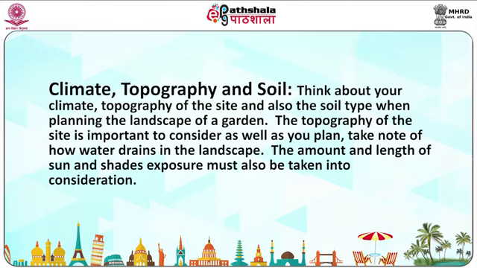The topography of the site is important to consider as well as you plan. Take note of how water drains to the landscape. The amount and length of sun and shade exposure must also be taken into consideration.